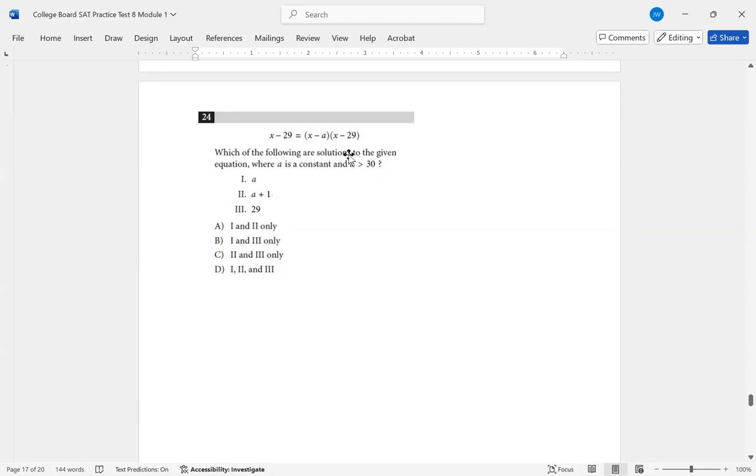But it's actually a little bit easier just to go ahead and solve this equation. I found it just as easy to solve this equation. So let's take this equation. You could plug in those values and see which ones are true and which ones are not true.